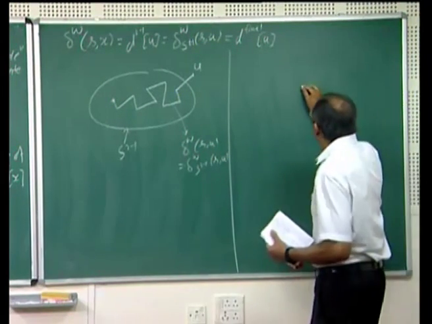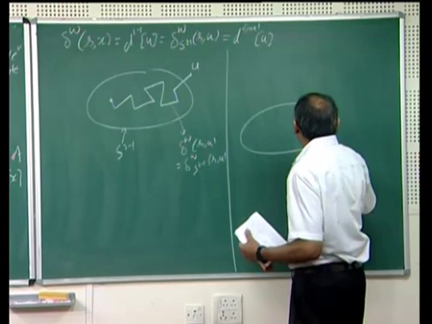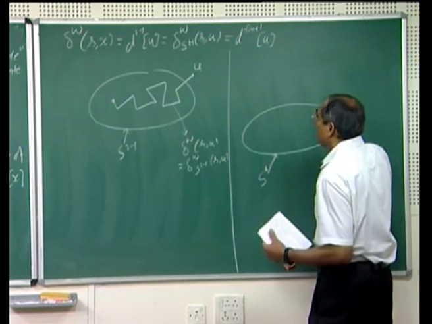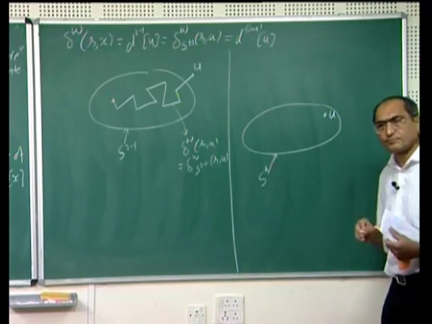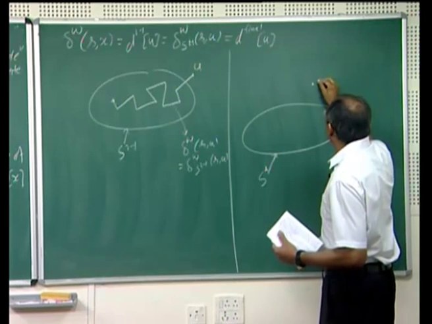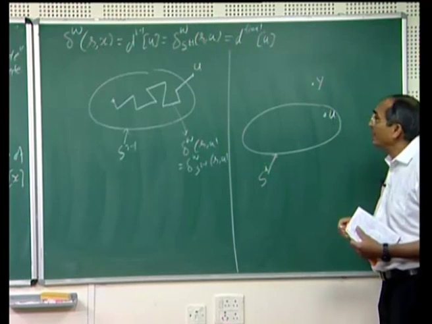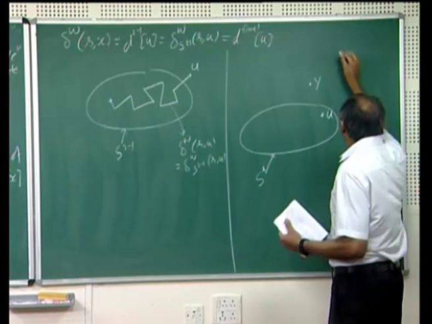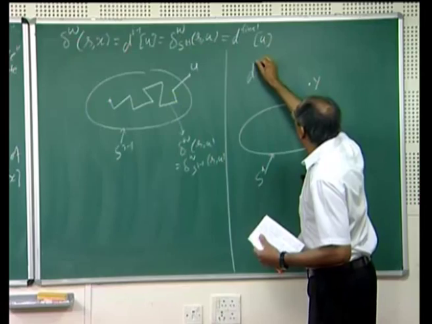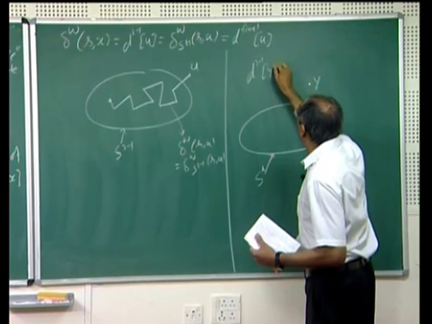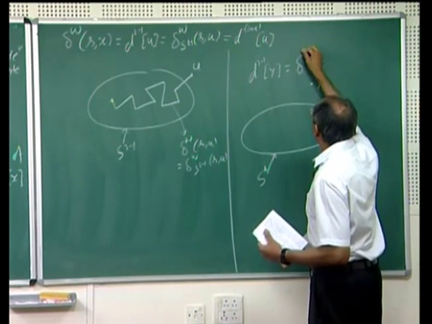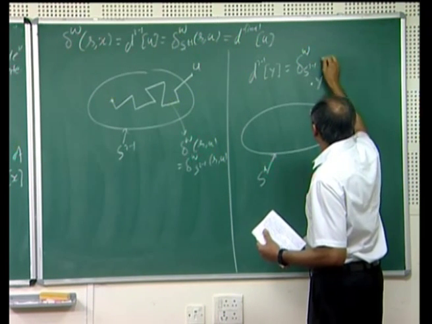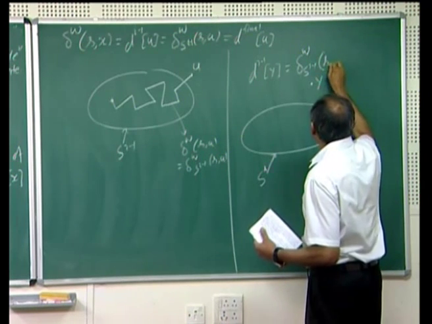Well, what happens now is that this is your S_i with u included in it, and pick any vertex y out there. What we know is that d_{i-1}(y) is delta_{S_{i-1}}(s, y).